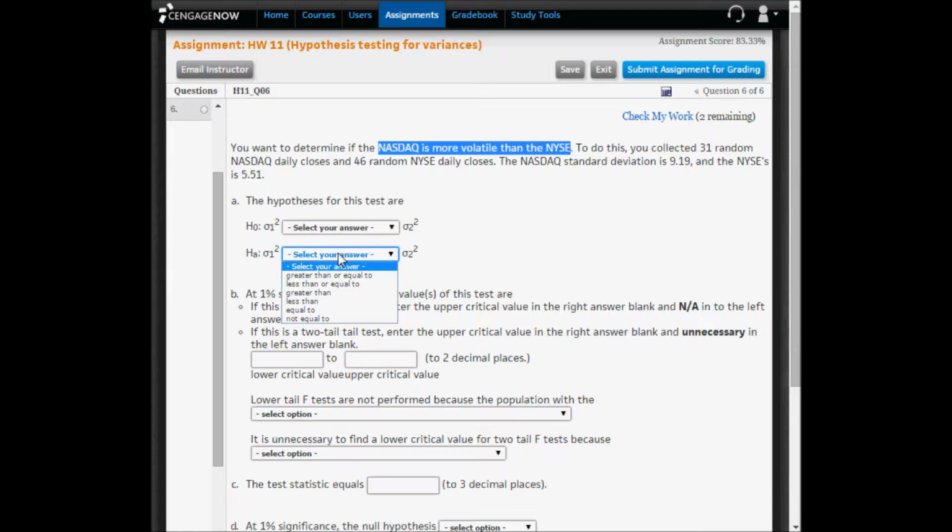So the variance for NASDAQ is greater than the variance for New York Stock Exchange. So the null hypothesis is less than or equal to. This is an upper tail test. So because it's an upper tail test, we're going to put NA in the left answer blank. And we need to get the upper critical value for this upper tail test in the right answer blank.